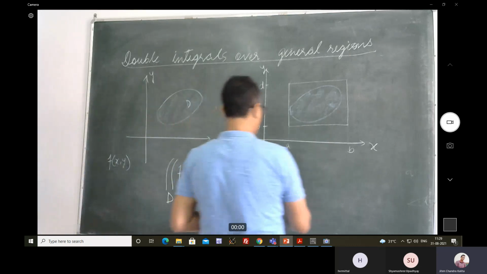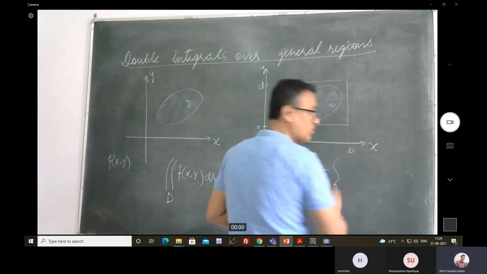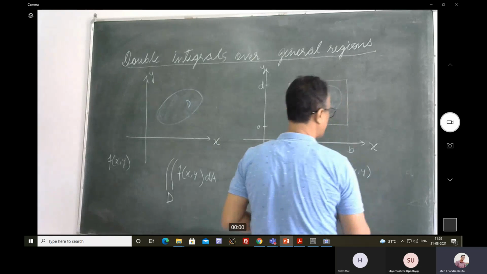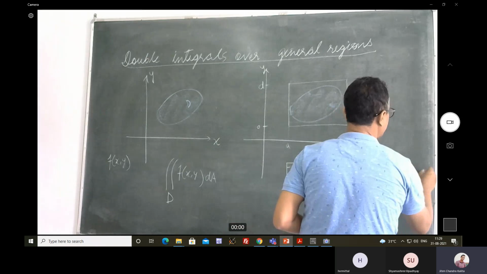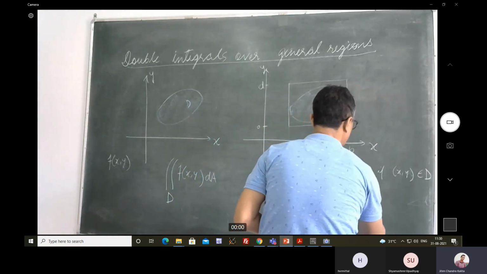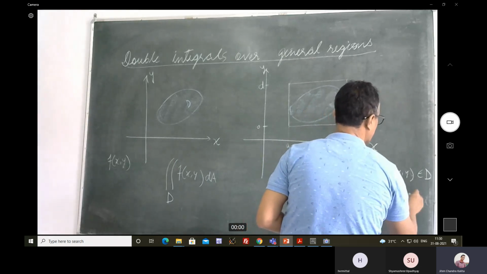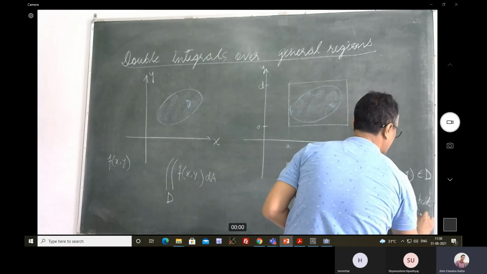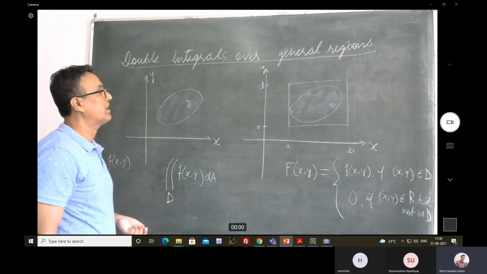So I am going to define a new function F of xy, equal to f of xy if xy is in D, and equal to 0 if xy belongs to R but not in D. I'm going to define it like this.